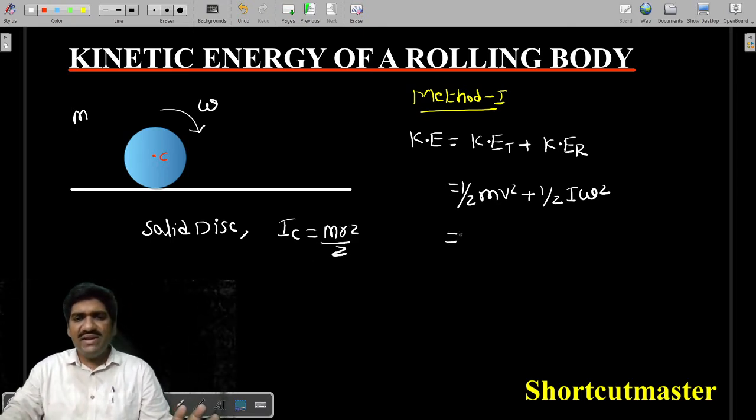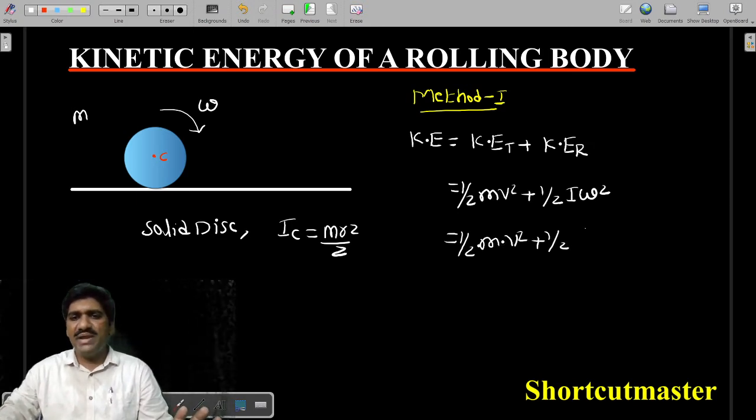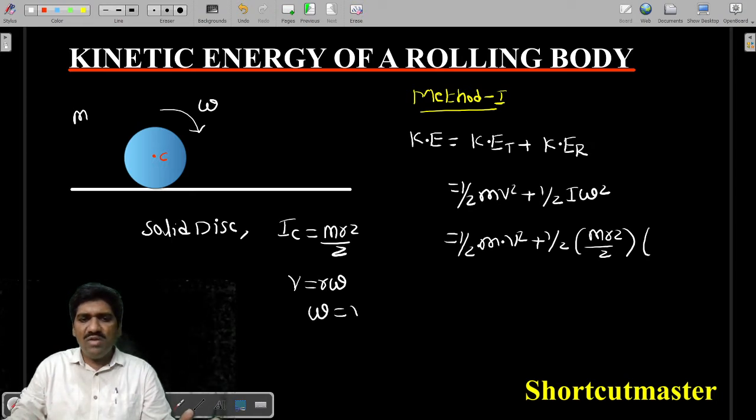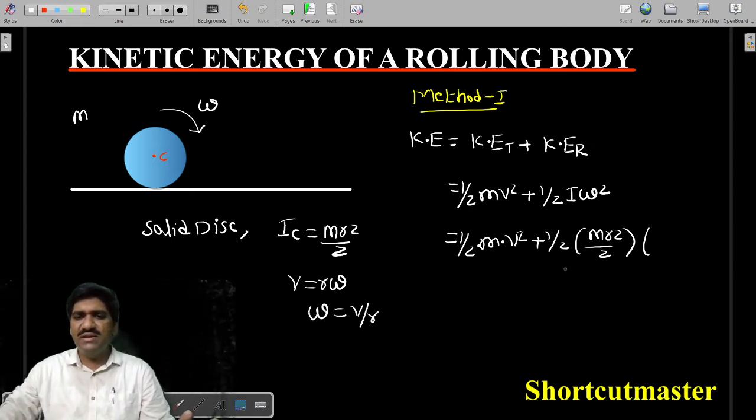So I'm writing the value here: half m v square plus half times I, which is m r square by 2, times the angular velocity. We know the tangential velocity v equals r into omega. Therefore omega equals v divided by r, so we take v by r whole square.